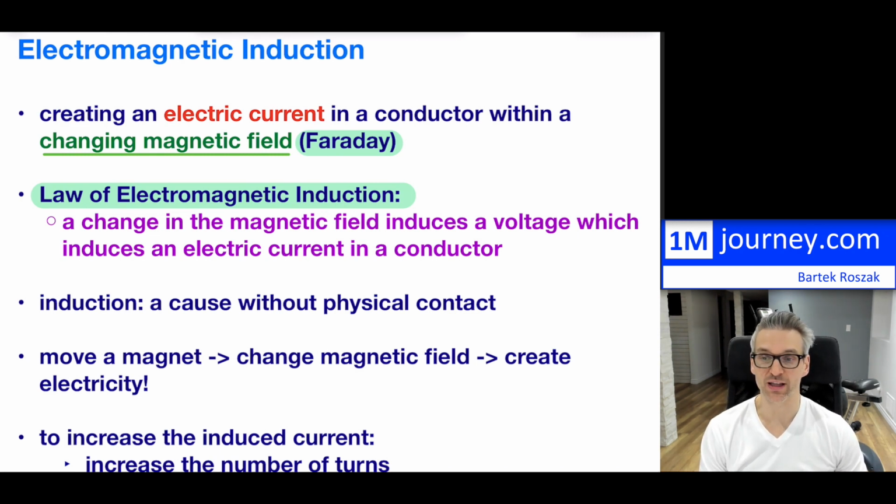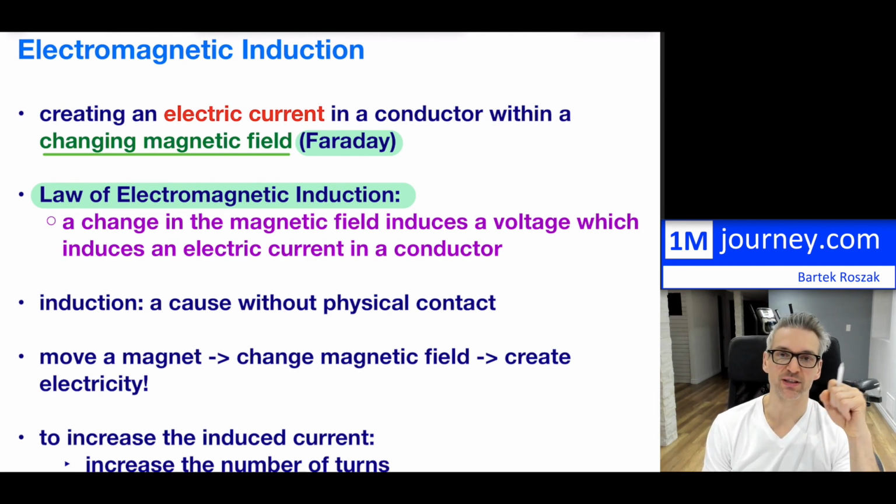This law of electromagnetic induction states that if you have a change in the magnetic field, so it is actually changing, then it will induce a voltage in the conductor. Voltage, remember, is just the electric potential difference. And if you do have that voltage induced, then it will automatically induce an actual electric current in the conductor.